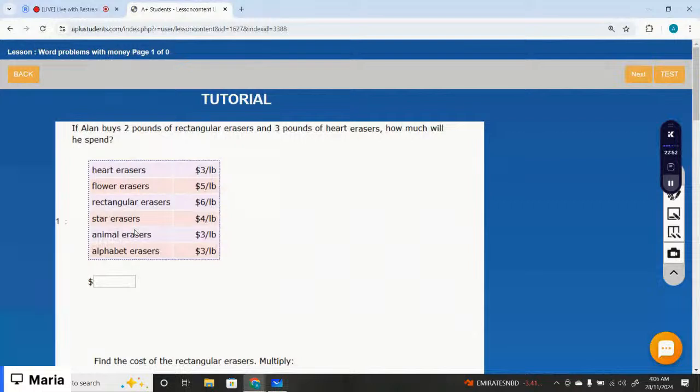If Alan buys 2 pounds of rectangular razors and 3 pounds of heart razors, how much will he spend? You are given the table of values, you are given the prices per pound.